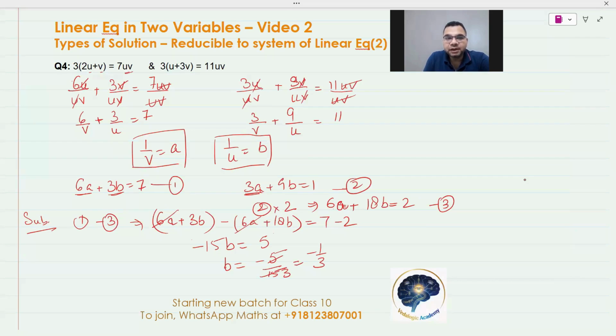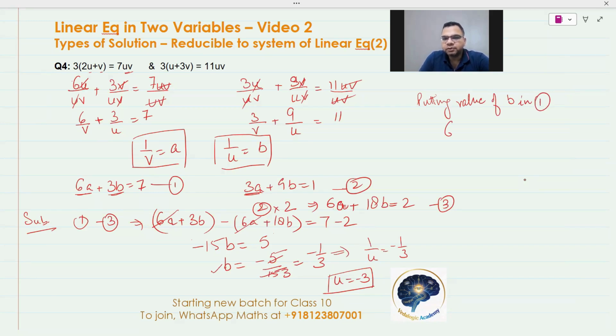Now, what is b? b is 1 upon u, right? So 1 upon u becomes minus 1 by 3, and therefore u becomes minus 3. So that's the first thing that we have got from here. Now since we have the value of b, let's put the value of b in equation 1.